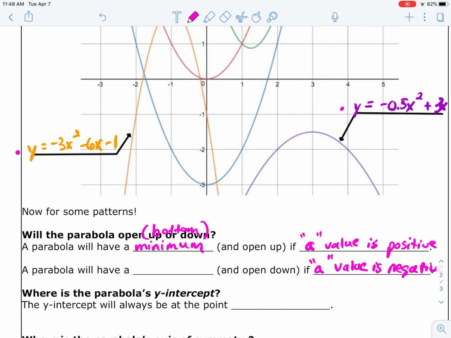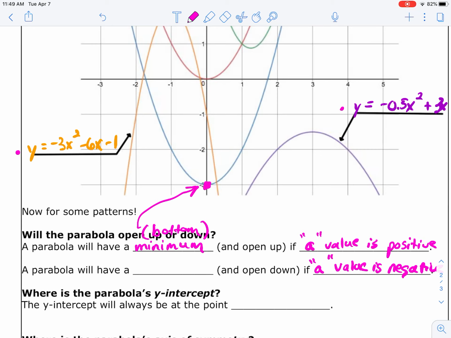It'll have a minimum point or a bottom point when the A value is positive. So that's a little bit counterintuitive, but again, if it's concave up like this one right here, the A value is positive, which means it has a minimum value.